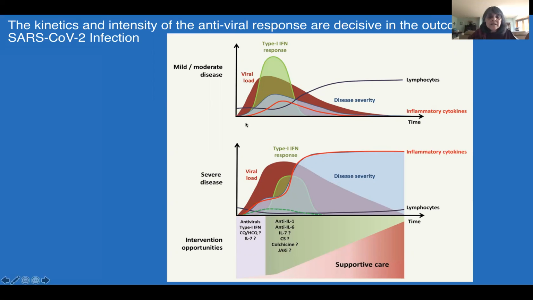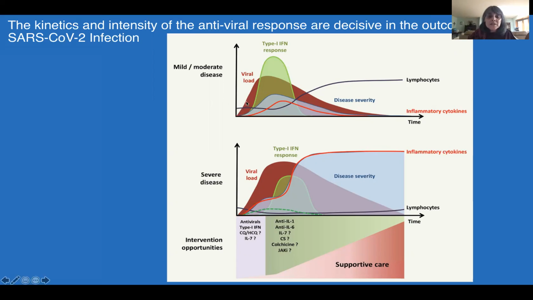If you get infected, here's your type 1 interferon response. Those are the cytokines that get produced at the very beginning. You have a peak of it, but then in the meantime, you're activating lymphocytes and they are proliferating and getting rid of the virus.